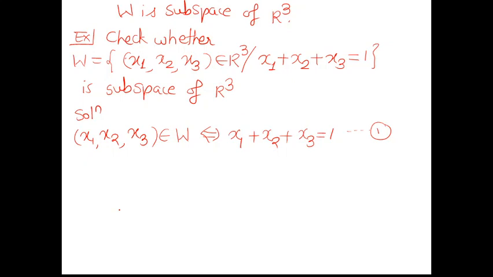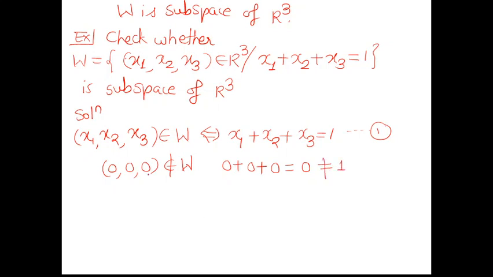Why? Because if I take the zero element, the zero element does not belong to W. Because if we add these three elements, what we get is 0 plus 0 plus 0 equal to 0, whereas the requirement is that it should be 1. And we know that 0 is not equal to 1.